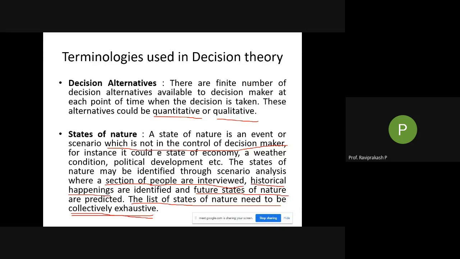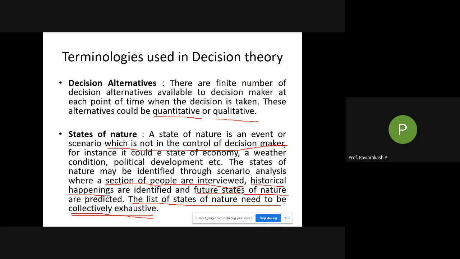The states of nature may be identified through scenario analysis, where a section of people are interviewed, historical happenings are identified, and future states of nature are predicted.